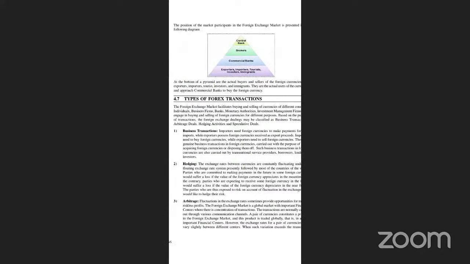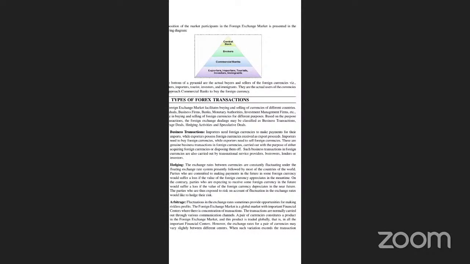Then we have arbitrage. Arbitrage is about the foreign exchange market on a global platform, with important financial centers, focusing on particular transactions which are normally carried out through communication channels. A pair of currencies constitutes a product in the foreign exchange market. However, it is traded globally in all important financial centers.